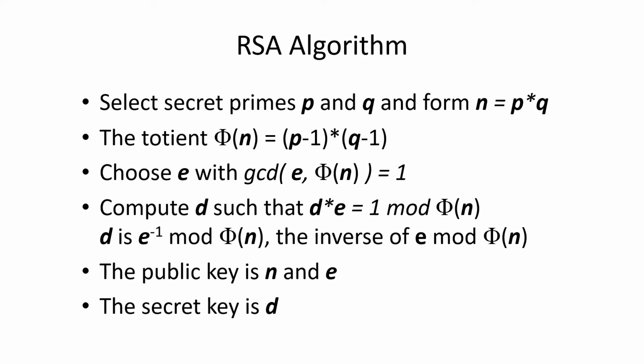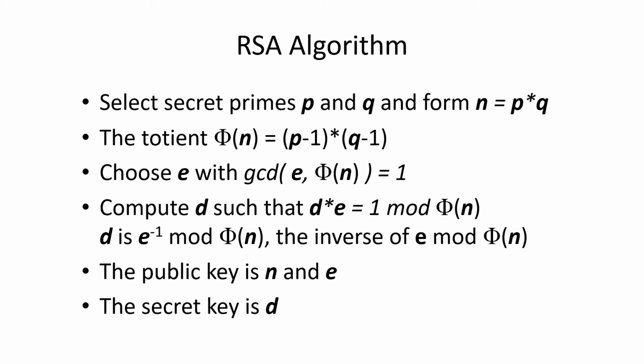So you have to know P and Q in order to calculate this value. And then once you know that, you choose a value E such that the greatest common divisor of E and the totient of N is 1. In other words, there are no numbers that divide evenly into both of them. Okay, now you've got E.